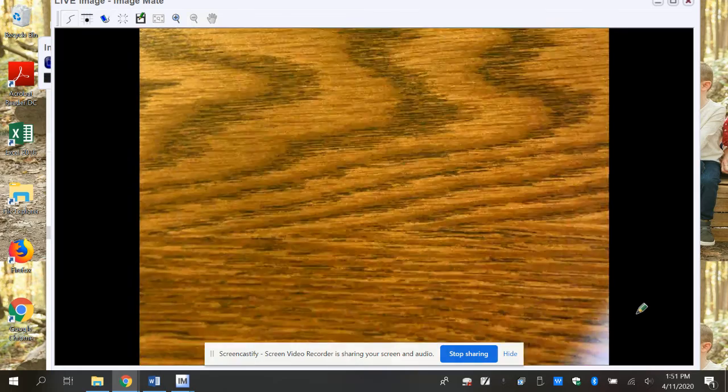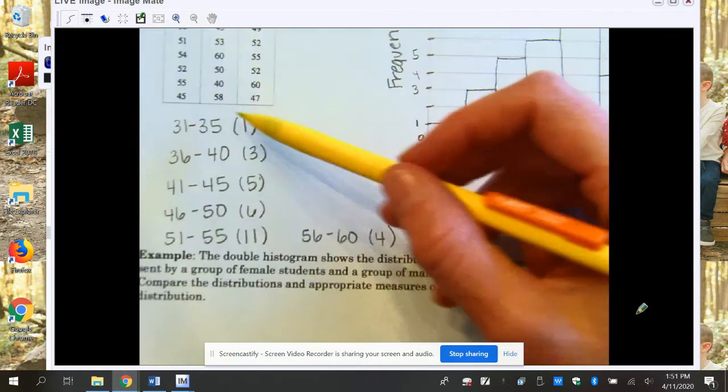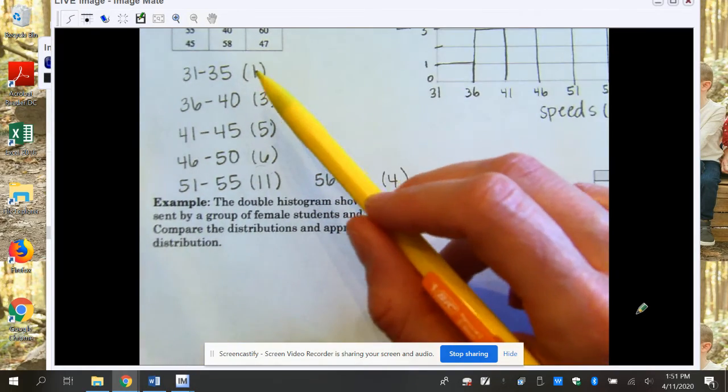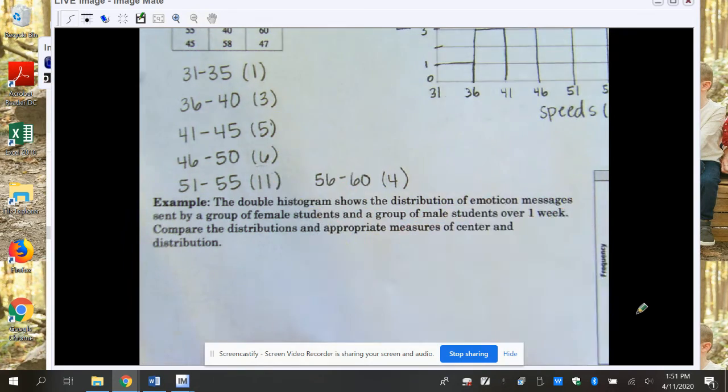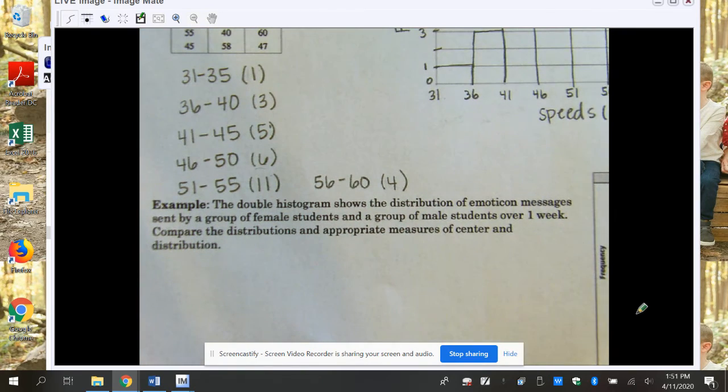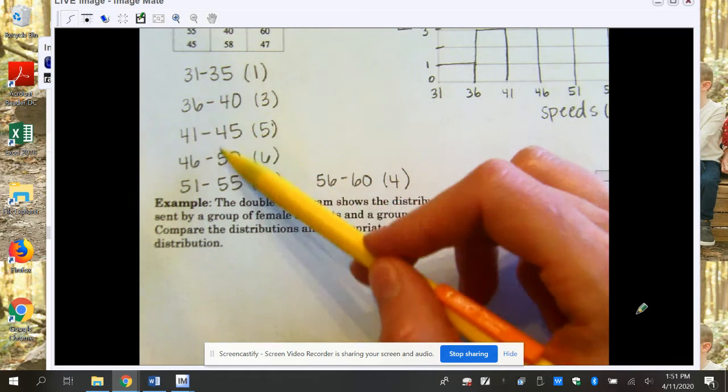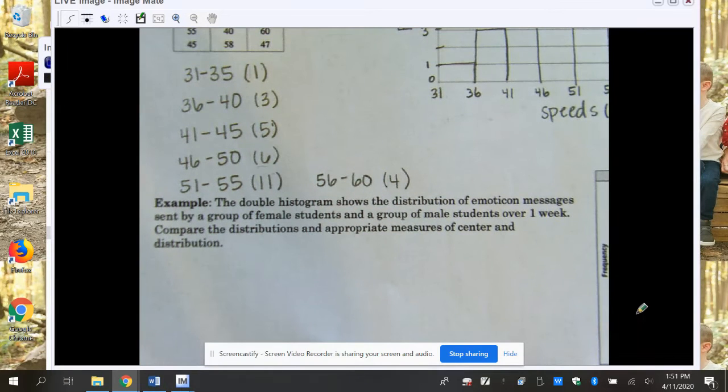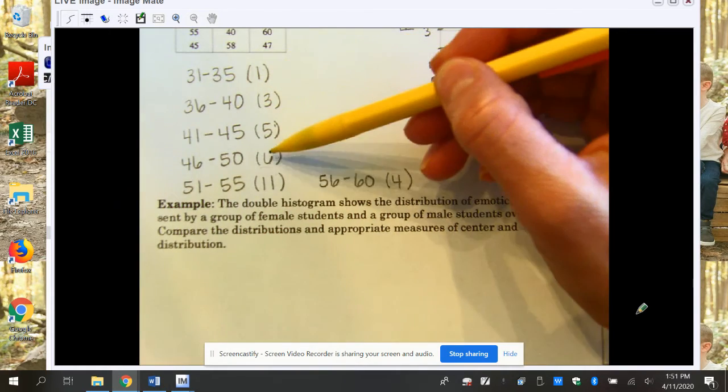So in terms of figuring out where that would be, this is where we use our frequencies to figure that out. So I need to figure out, okay, which interval would my 15th and 16th term be in if I listed all of those out? And that would tell me the interval that I'd fall in.